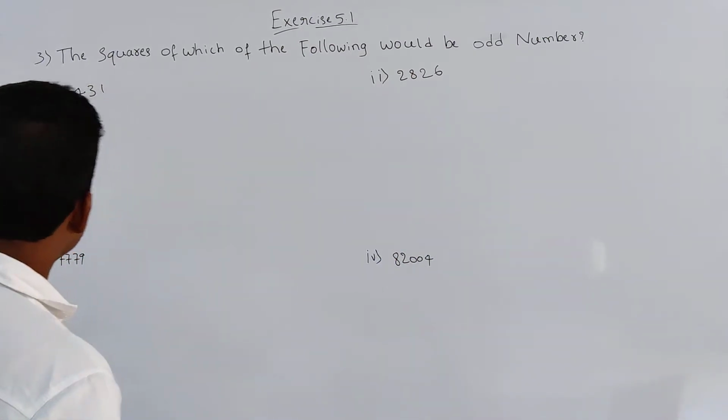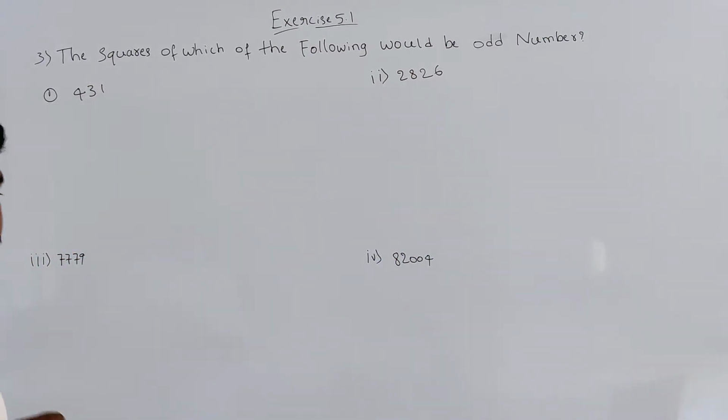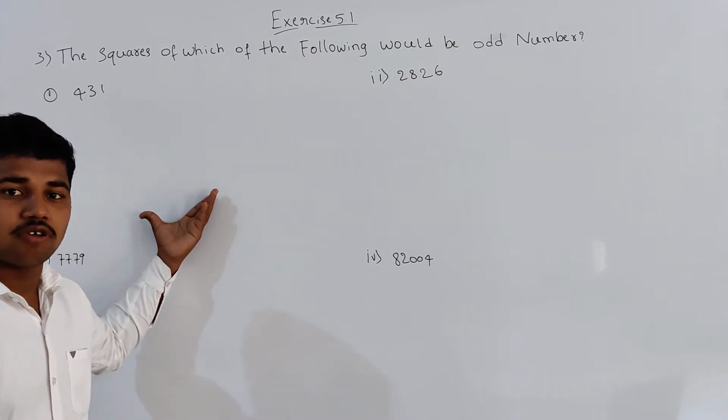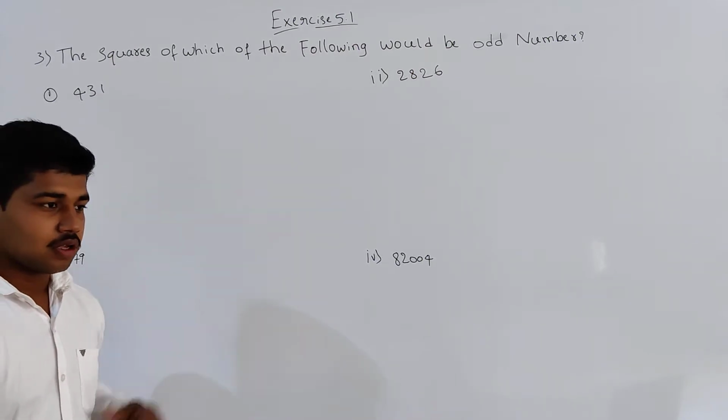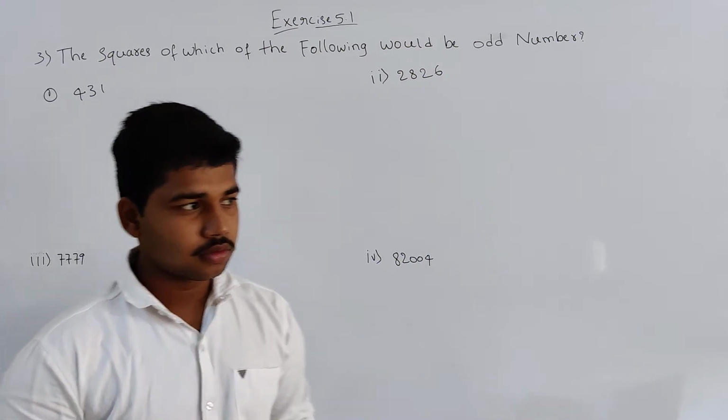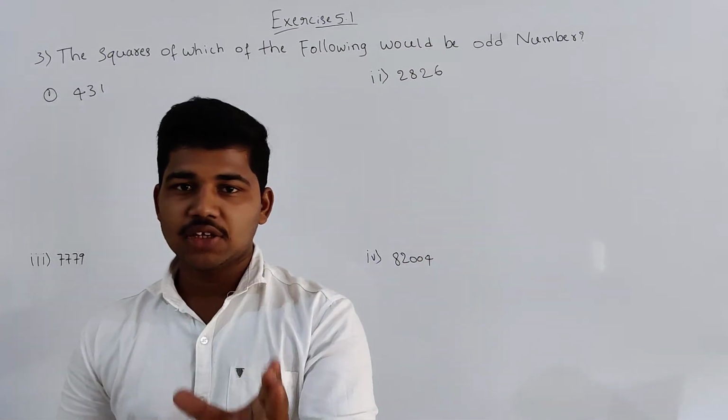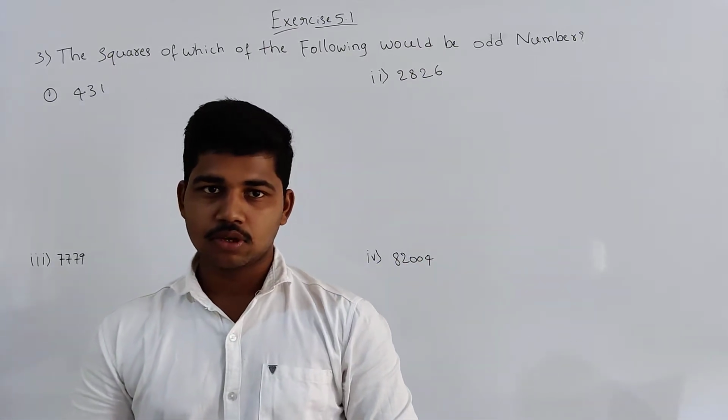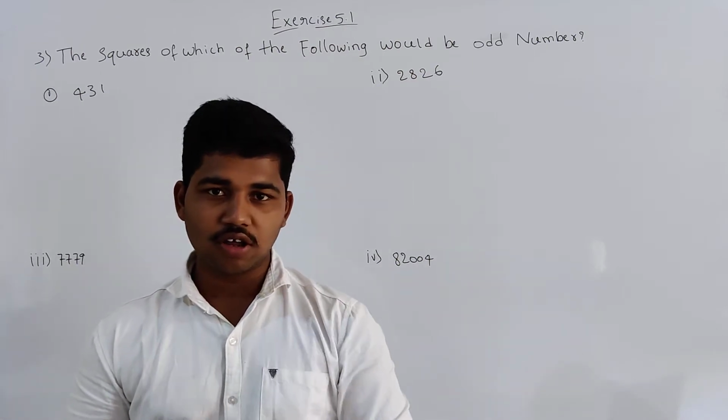Look at sub-question 1, 431. The number given is 431. Already we know that the square of an even number is even and the square of an odd number is odd.